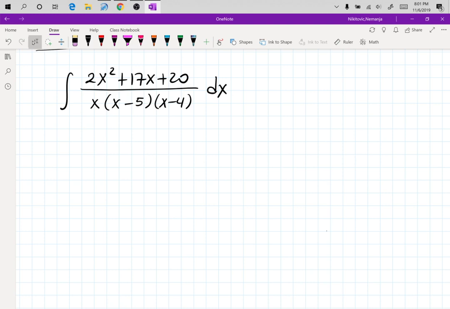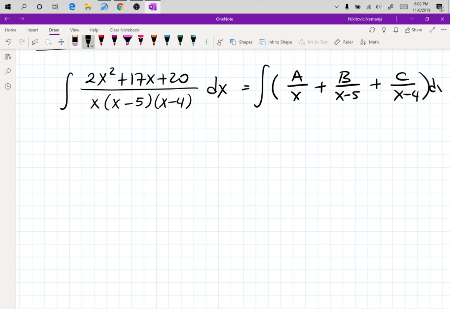This one has 3 linear terms. We are looking to have a over x plus b over x minus 5 plus c over x minus 4. So this is going to be now integral. Oh no, I was just going to solve this. So a times, we have to foil these and then multiply them into a.